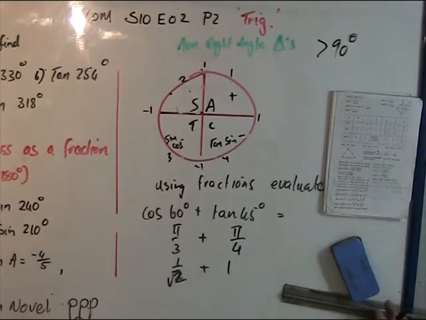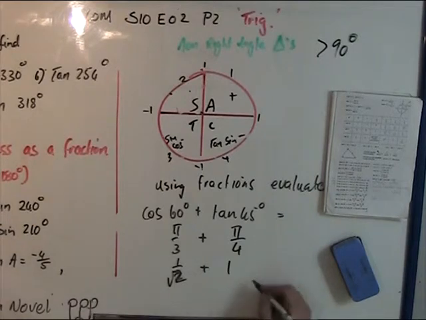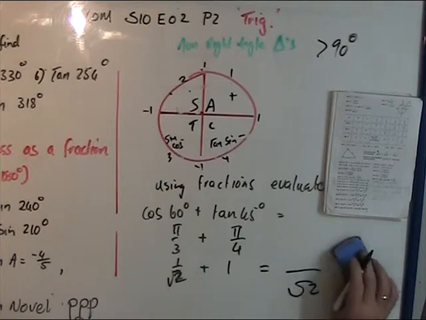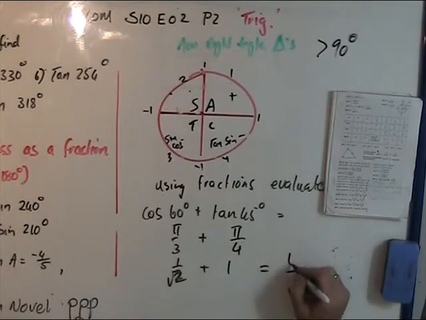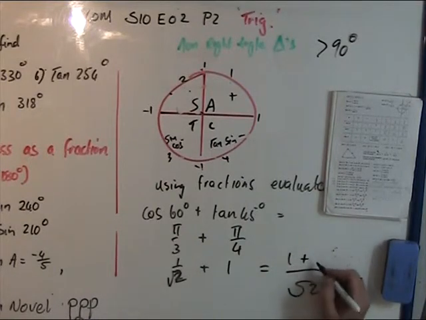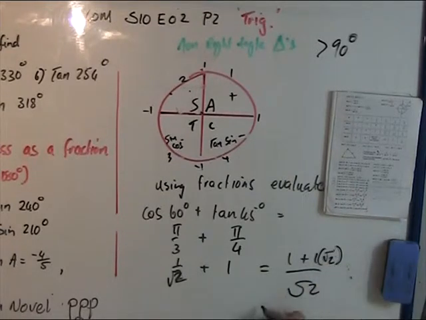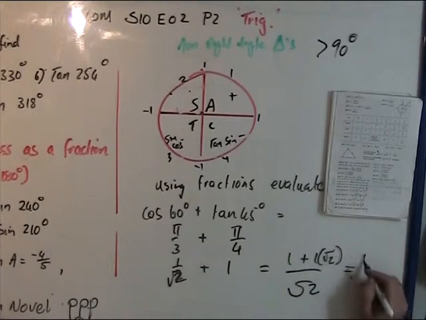Okay, so now we have to add them. We can pick the common denominator, root 2. Root 2 goes into 1 once, and root 2 goes into 1 times root 2, so you're left with 1 plus root 2, all over root 2.